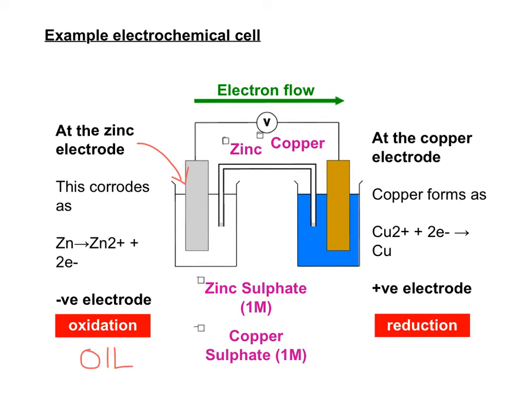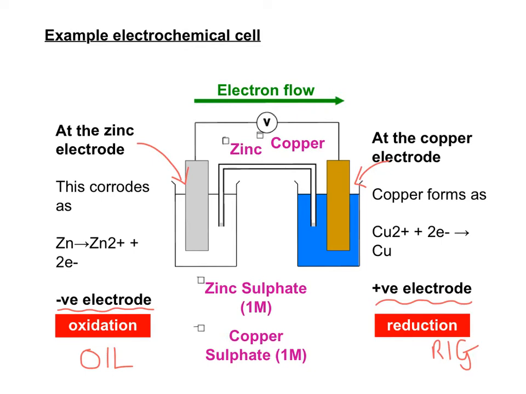This zinc electrode becomes the negative electrode. The zinc ions go into the zinc sulfate solution, and remember they can flow across this salt bridge. At the copper electrode, we know that we have got reduction happening. So copper ions are gaining electrons to become copper atoms, and this becomes the positive electrode.